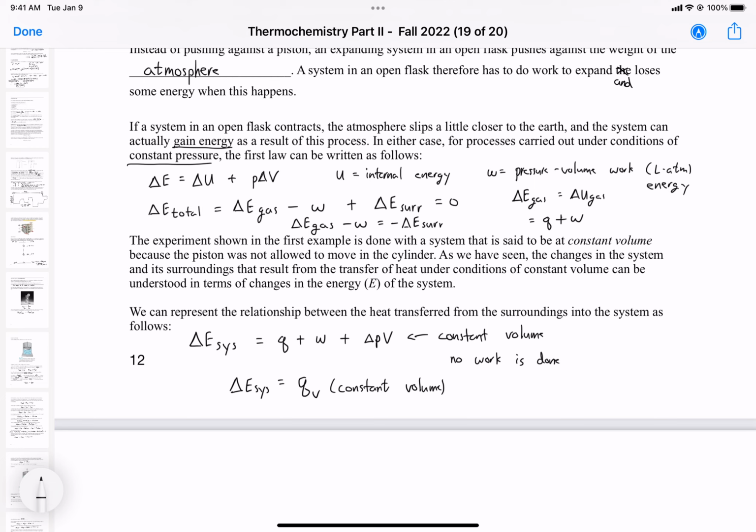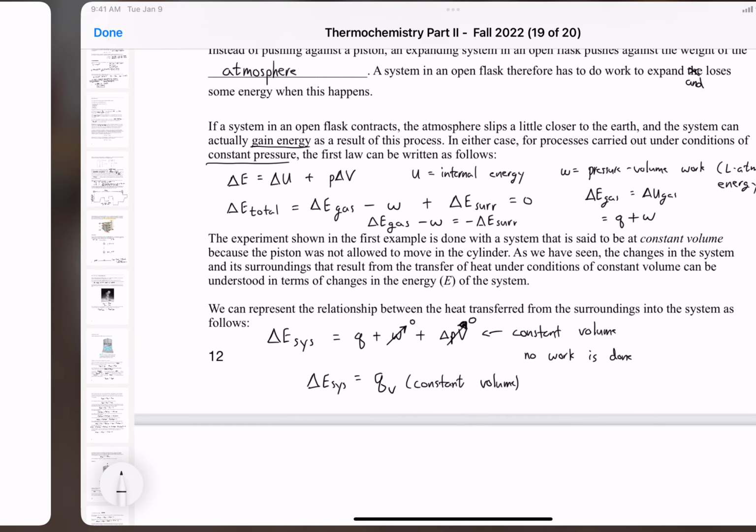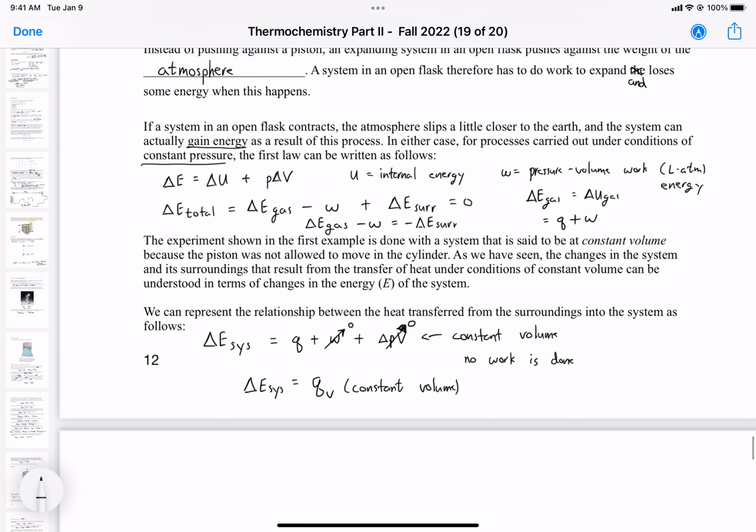And that's because this will go to 0, and then there's not going to be any work done on the system, so this also goes to 0. So the change of the system is going to be equal to the energy transferred between the surroundings and the system. Okay? So the amount of energy that was transferred between the system and surroundings is going to be Q V.